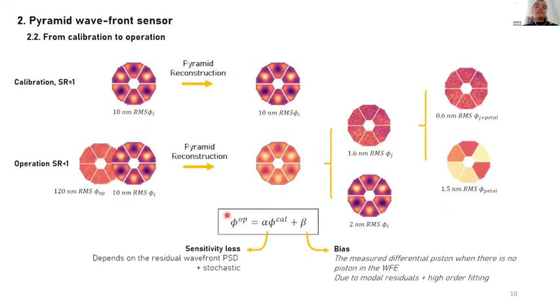So at the end, the reconstructed phase in operation is the same phase with sensitivity loss, but also a bias. And this bias is measured differential piston when there is no piston in the wavefront error. So basically, the pyramid can introduce differential piston even though there is none in the incoming wavefront.